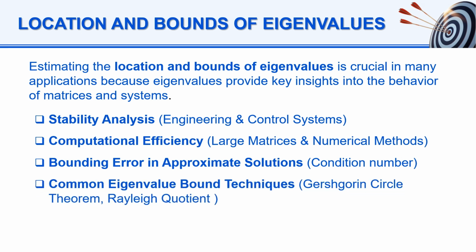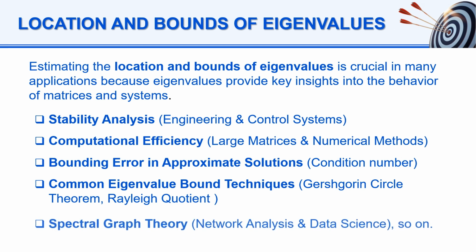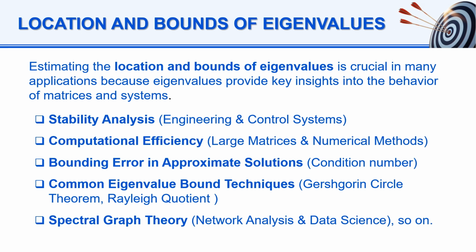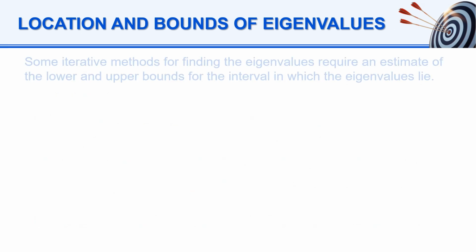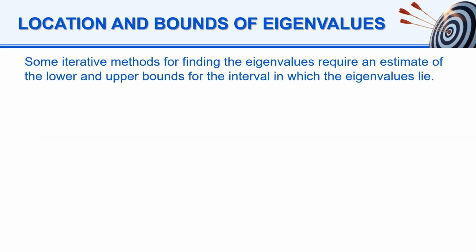Common eigenvalue bound techniques include the Gerschgorin circle theorem, Rayleigh quotient, spectral graph theory, network analysis and data science, and so on. Some iterative methods for finding the eigenvalues require an estimate of the lower and upper bounds for the interval in which the eigenvalues lie.